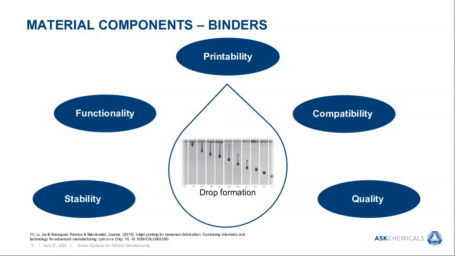And last but not least, there is a need for functionality. We're not looking to print an image, we're looking to print a sand core. So from the chemical point of view, of course, the printing ink has to be able to provide a sand core which can be cast afterwards.